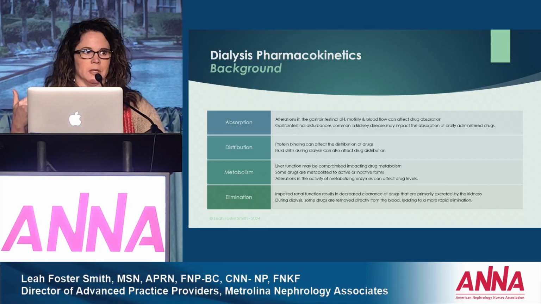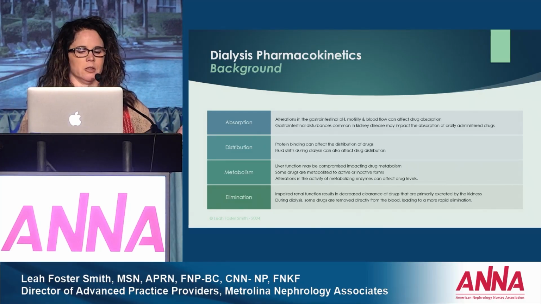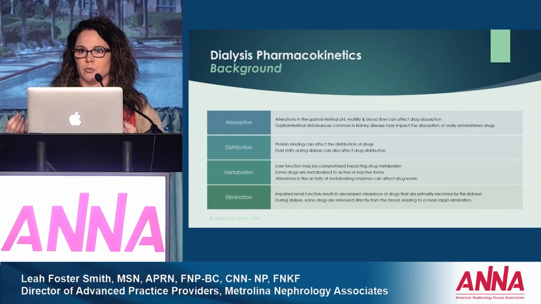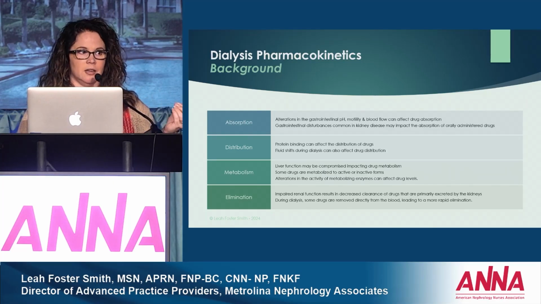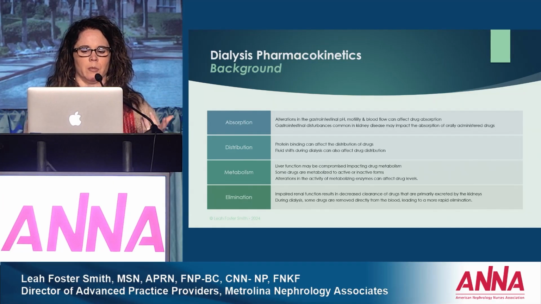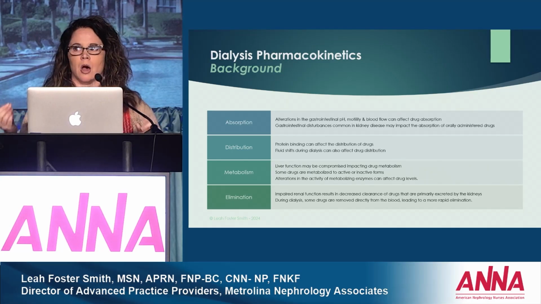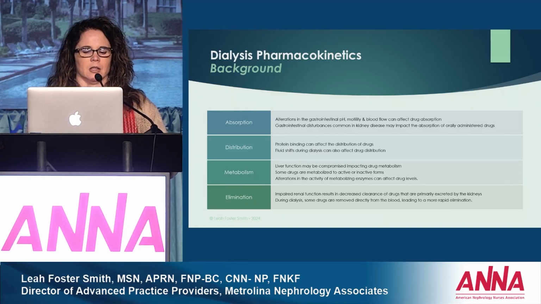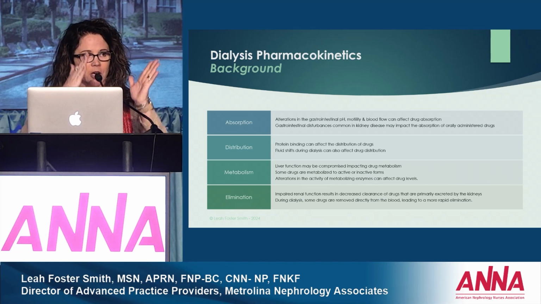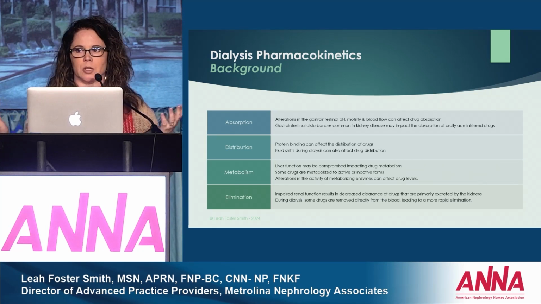So when we think about drug metabolism, remember our patients have all kinds of comorbids, right? Some drugs are eliminated by the kidney and others by the liver. So we want to put those together and understand that some of those alterations happen with those metabolizing enzymes. And then last is elimination, where there can be impaired function as our creatinine clearance continues to go less and less.